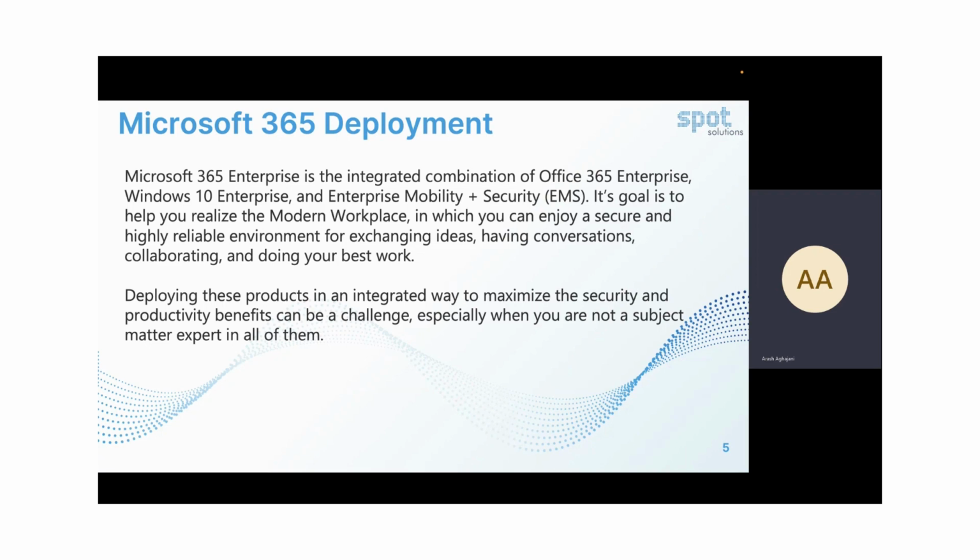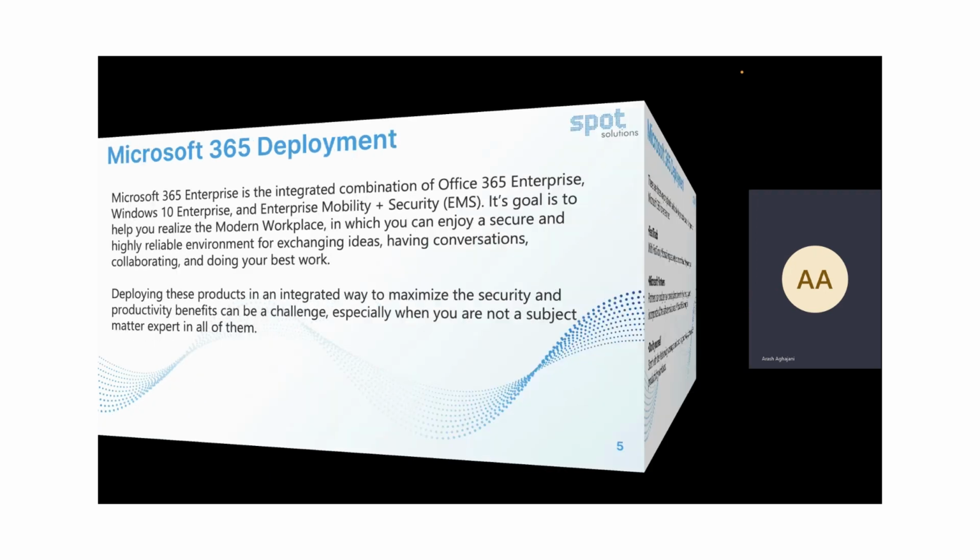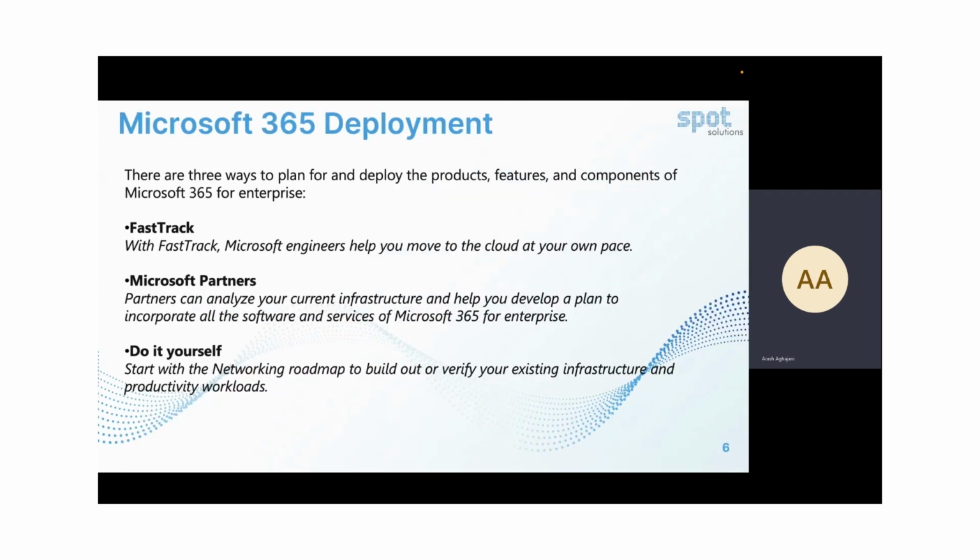So suppose that you are not a subject matter expert to deploy Microsoft 365. Microsoft offers 3 ways to plan and deploy the products, features, and components of Microsoft 365 Enterprise.